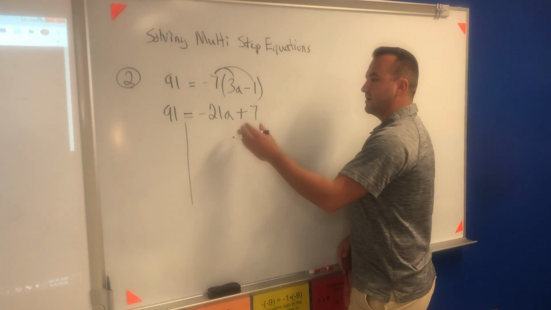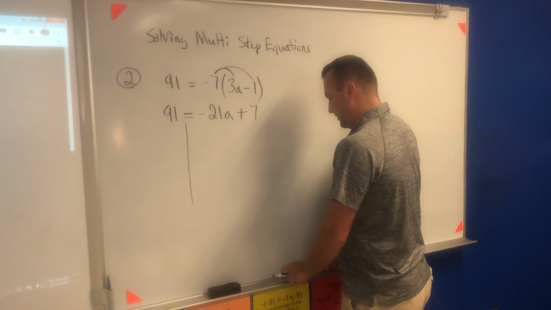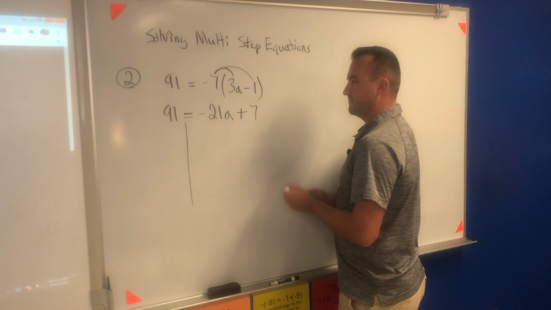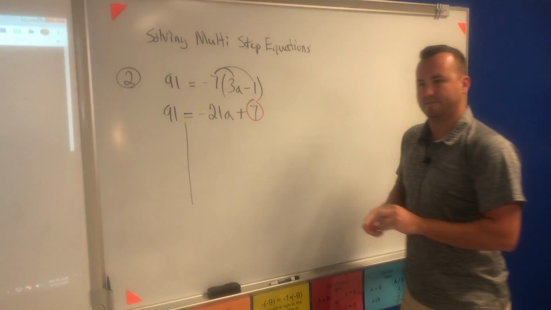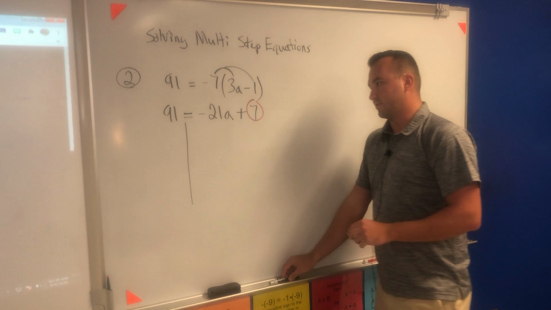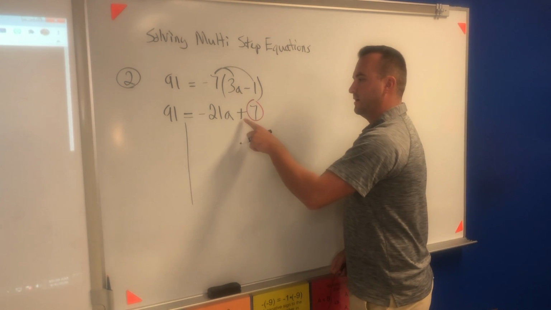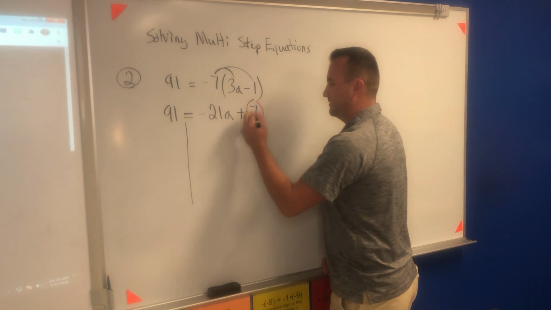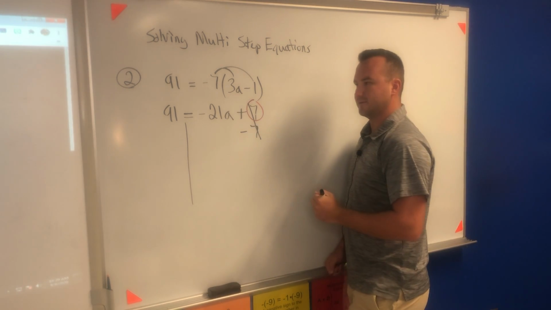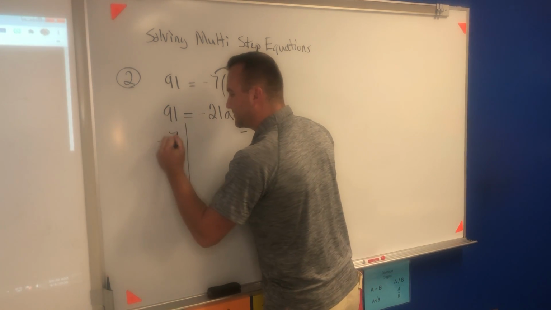Okay, solving meaning that I want the variable by itself. If I want the variable by itself, remember we start with this constant. In order to move it, we do inverse operations. Positive 7, so I have to subtract 7. That cancels. And what I do to one side of the wall, we have to do to the other side of the wall.